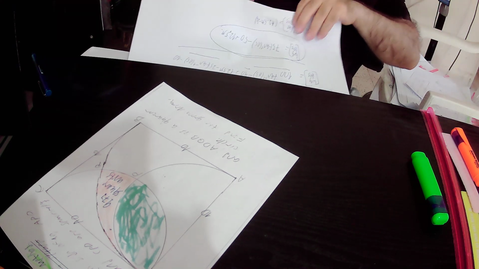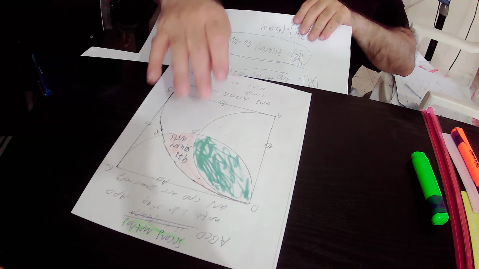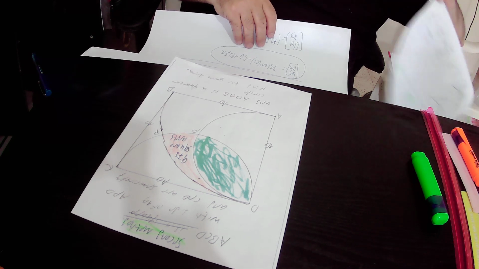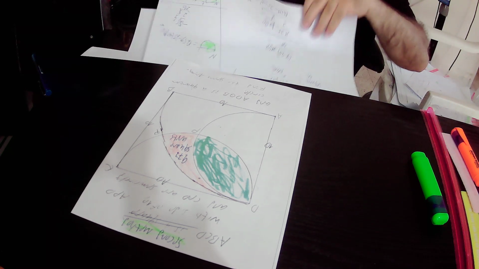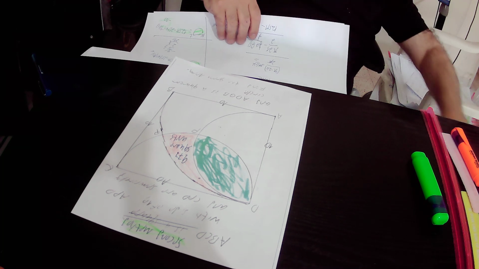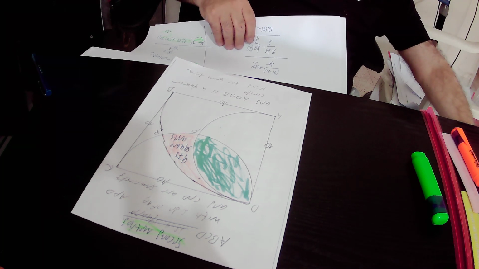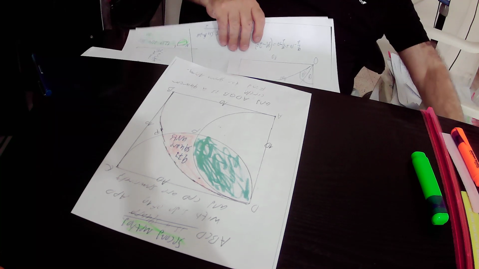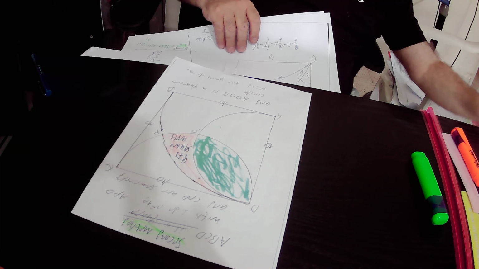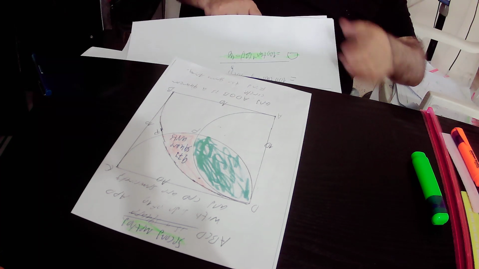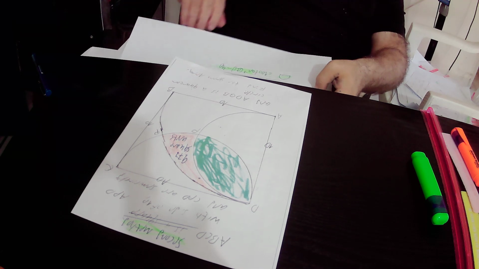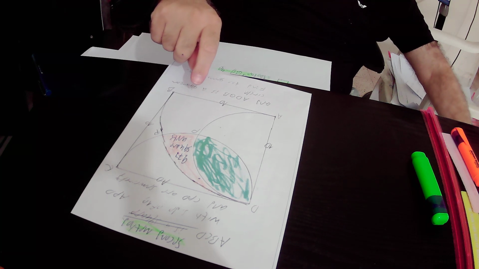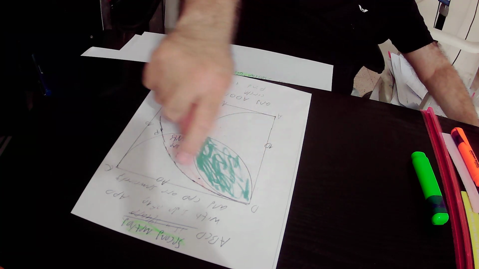So actually, we found out the area of this orange shape in two different methods. In the first method, we found out a general formula for the area of any lens, and by using the general formula, we found out the area of the blue lens, and we use the same formula in order to find out the area of the big lens.